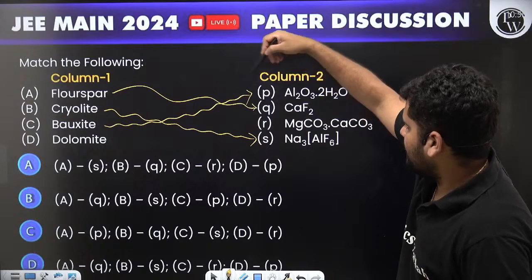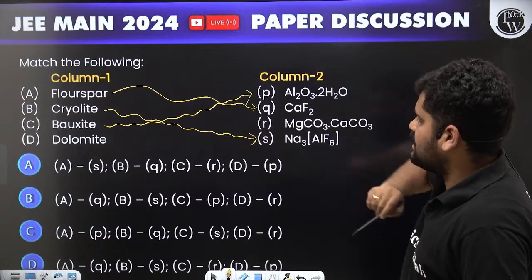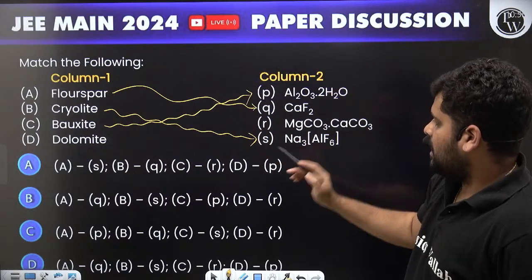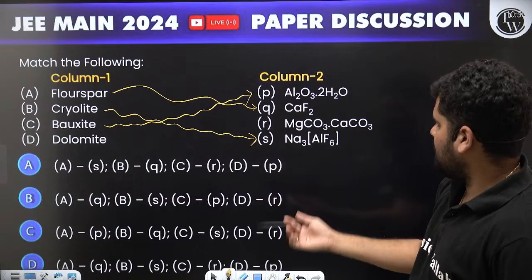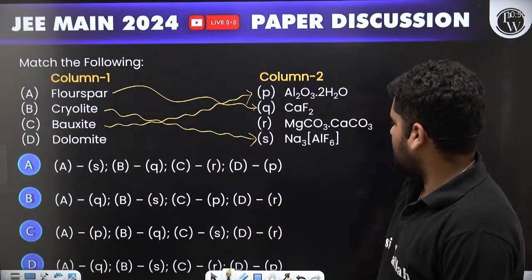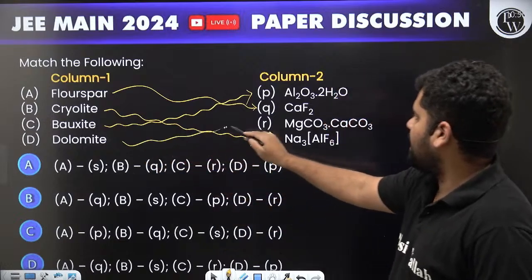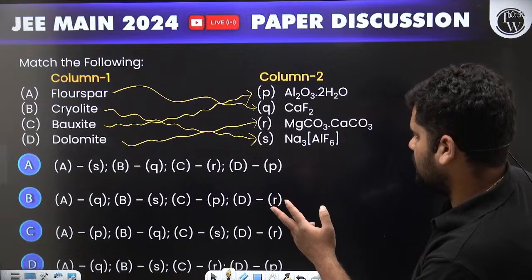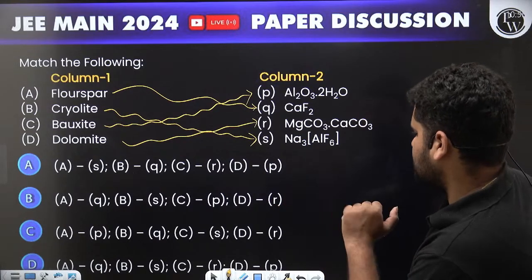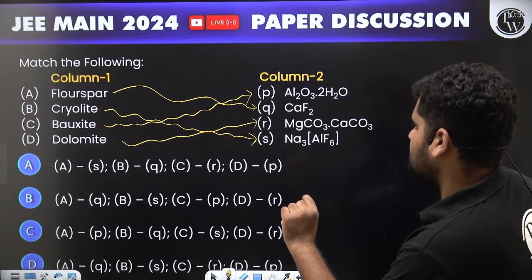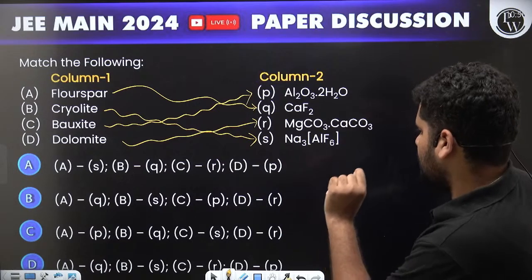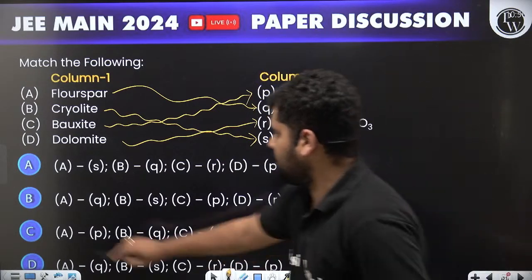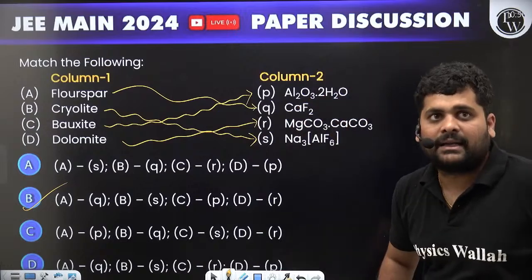A is going with Q, B is going with S, C is going with P, obviously D would be going with R. This one, dolomite, is MgCO3, right? So A is for Q, B is for S, C is for P. QSP. So we have option B as our correct answer.